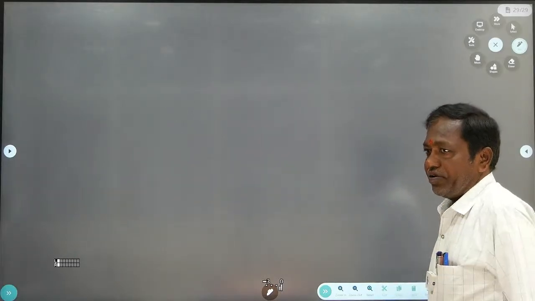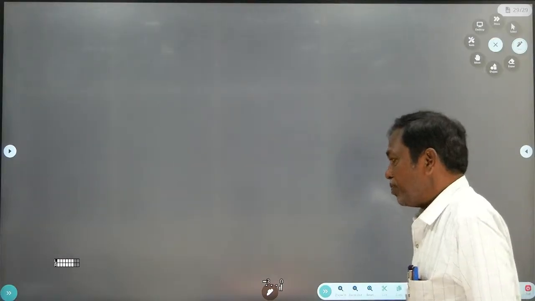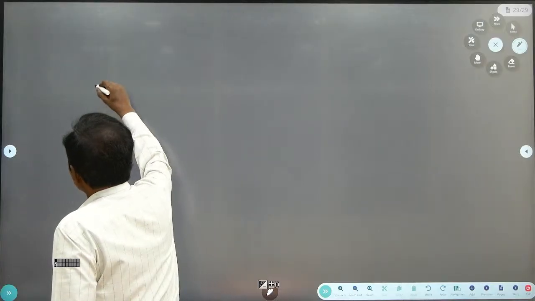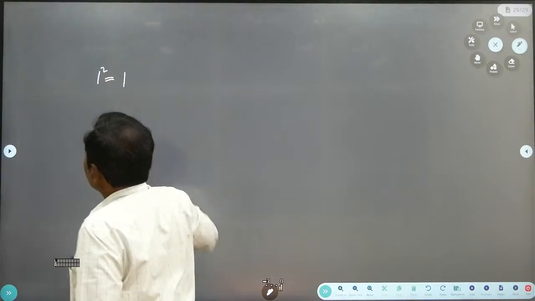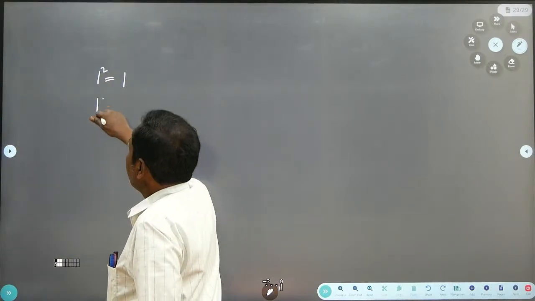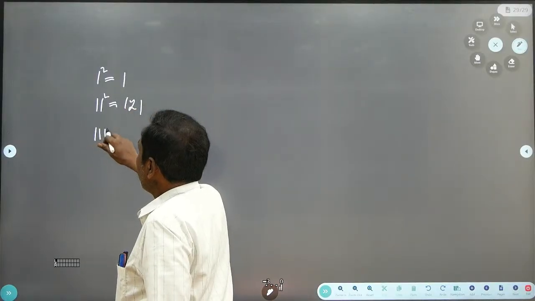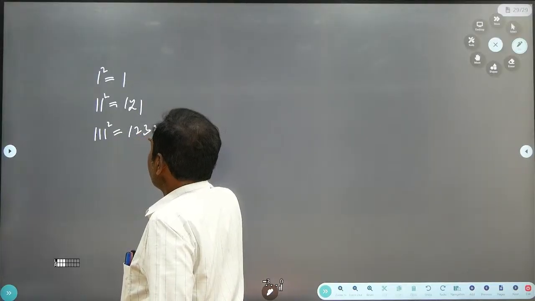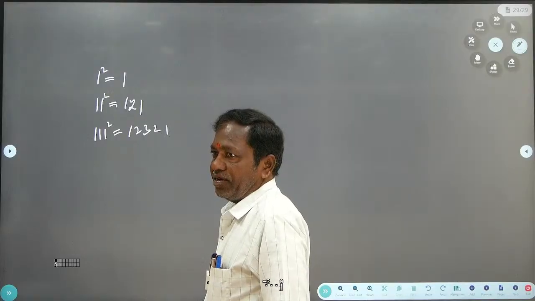What is the next one? Let us talk about 11 now. Another property of 11. Let us talk about squares. 11 square is 121, we know. 111 square, we find very difficult: 12321.